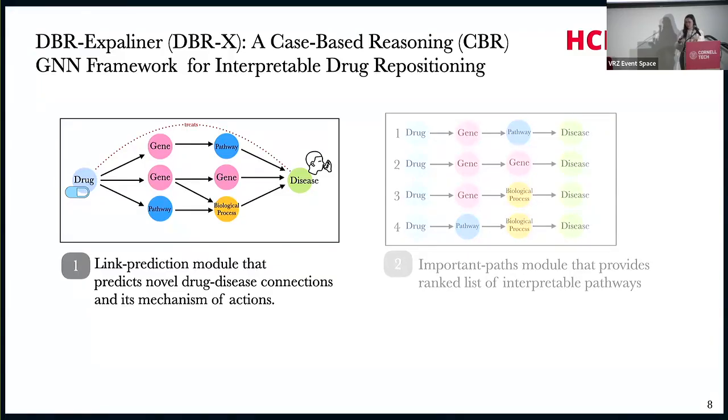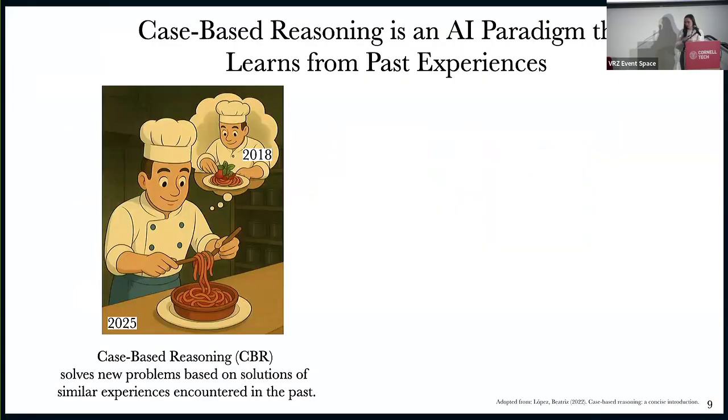We're using a case-based reasoning strategy. And for those that haven't heard about case-based reasoning, this is an old artificial intelligence framework that was developed a long time ago. And the main idea is to learn from past experiences. And I think a really nice analogy to understand case-based reasoning is to think about how we usually face new problems.